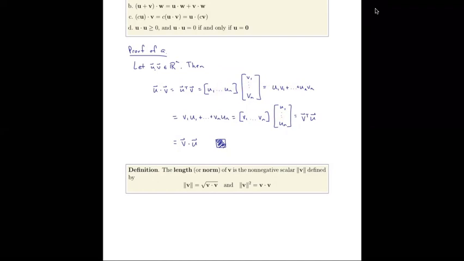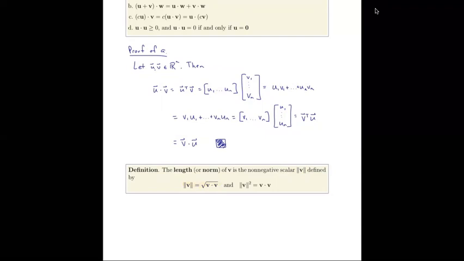Now the length, sometimes called the norm of the vector v, or even the magnitude of the vector v, is the non-negative scalar denoted double bars v, kind of like absolute value bars, but double just so we know that we're talking about vector magnitude or vector length. That's defined as the square root of the dot product of v with itself, or the inner product of v with itself.